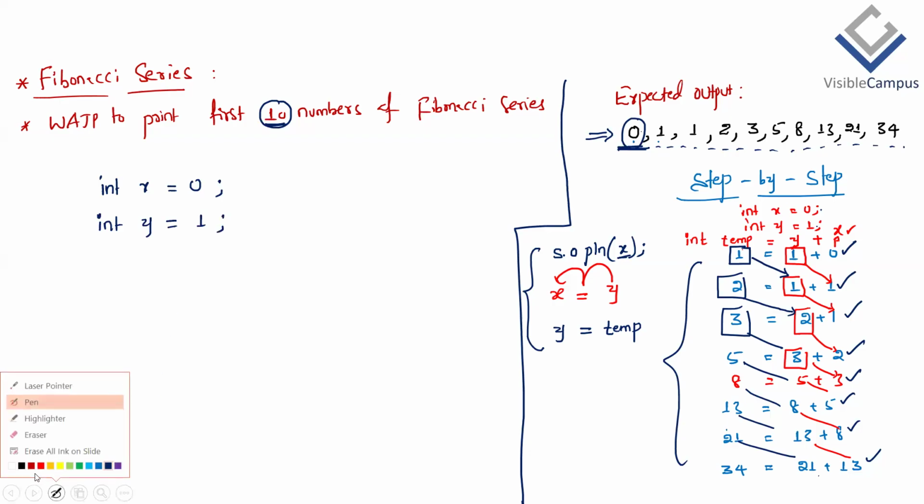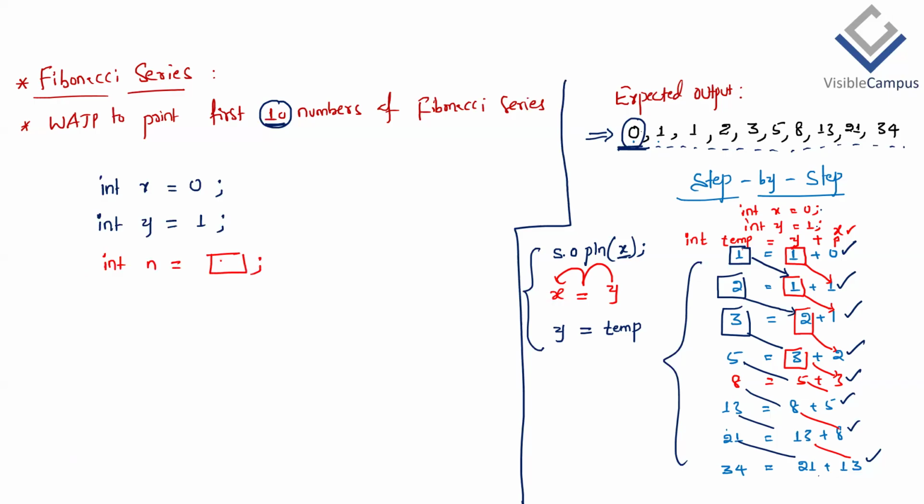Then what is the next thing? Read the number of times from the keyboard. So this is int n equals some value. In our scenario it is 10 because of the first 10 numbers. If it's the first 100 numbers, then this n value has to be 100. We can read it from the keyboard.